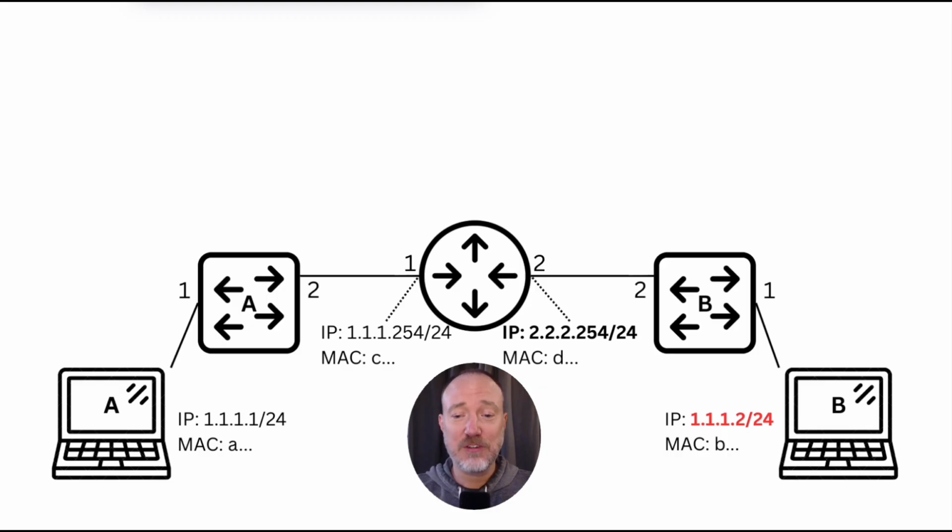So that's actually an IP address that's in the network of port 1 on the router. So we need to change that IP address. So we're going to update the IP address of PCB, and it's going to be 2.2.2.2/24. And now it's part of the network that port 2 of the router is part of.